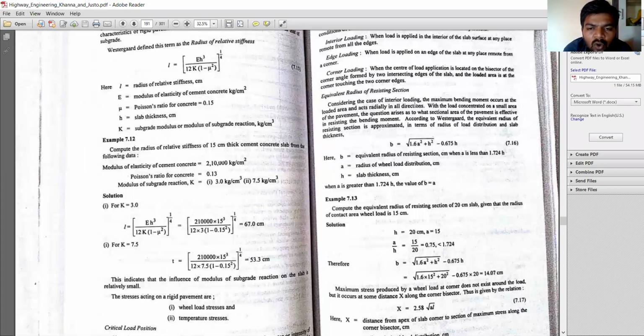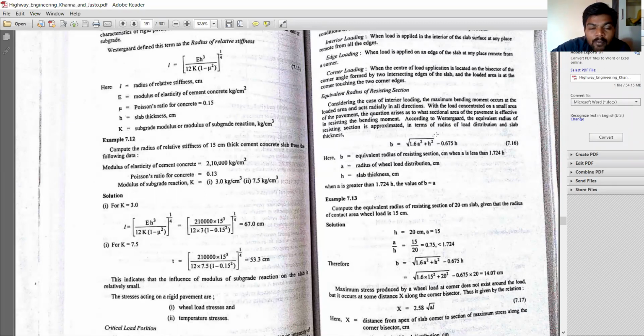If you consider load applied on an interior part, that load is distributed in a circular pattern. Yes, and where the load is applied, the concrete pavement gives maximum bending moment. Maximum bending moment means the deflection will be more at that point, and hence the load is distributed or acts radially in all directions, like circularly it will distribute to all parts of the concrete.